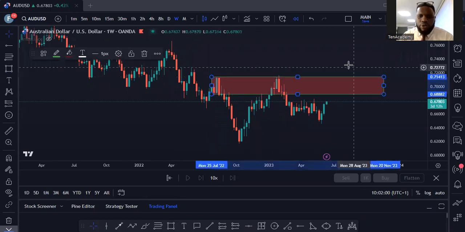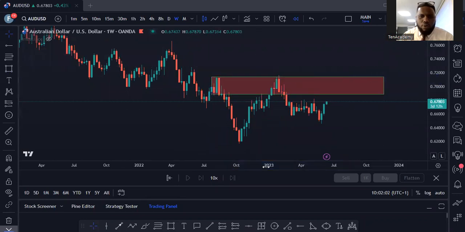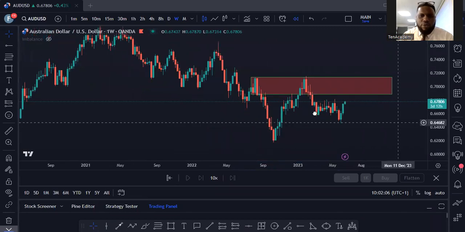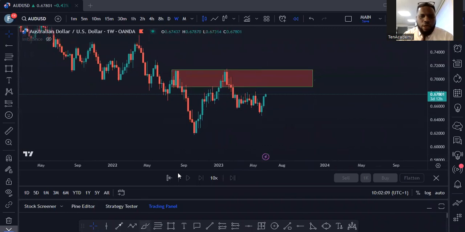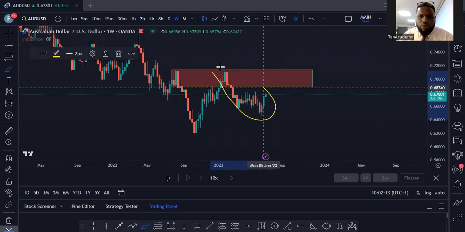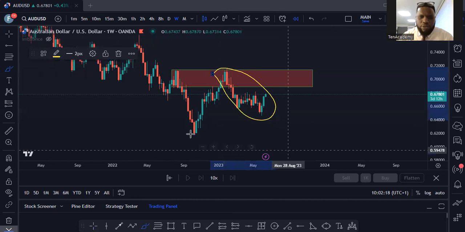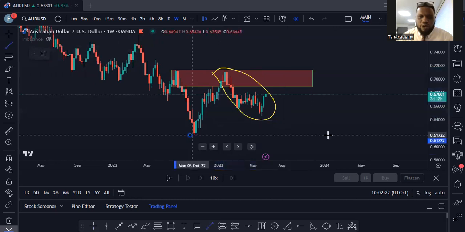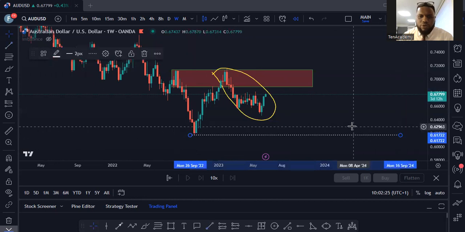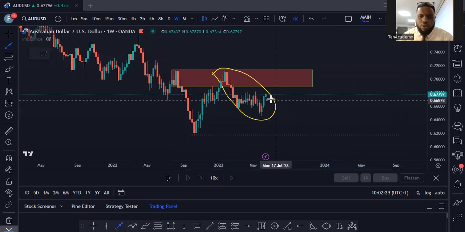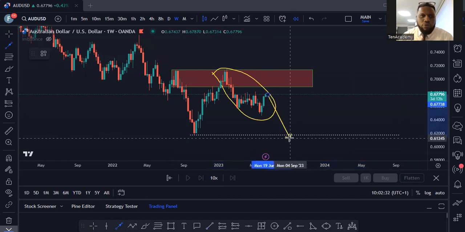So price is still in a supply zone. All right. So price is still in a supply zone. Okay. And we also have internal structure that is also still bearish. So there is a possibility that price is coming down to give us a lower low from here sometime in the future.